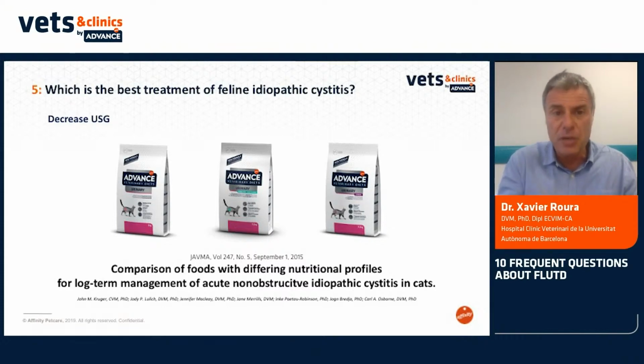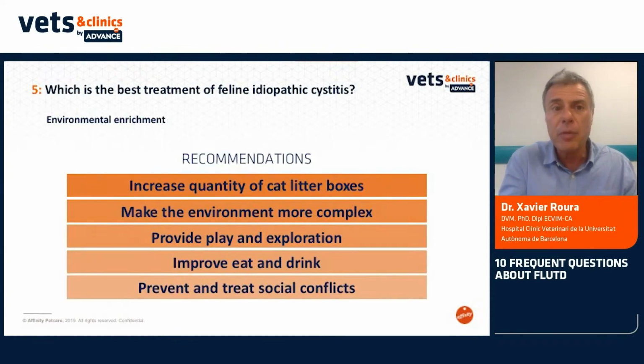This kind of prescription diet would be very useful because it is potentially one of the best treatments in order to decrease the urinary specific gravity of the urine, and can produce a decrease of the stress, a decrease of the potential neuroendocrine alteration that could produce this feline idiopathic cystitis.